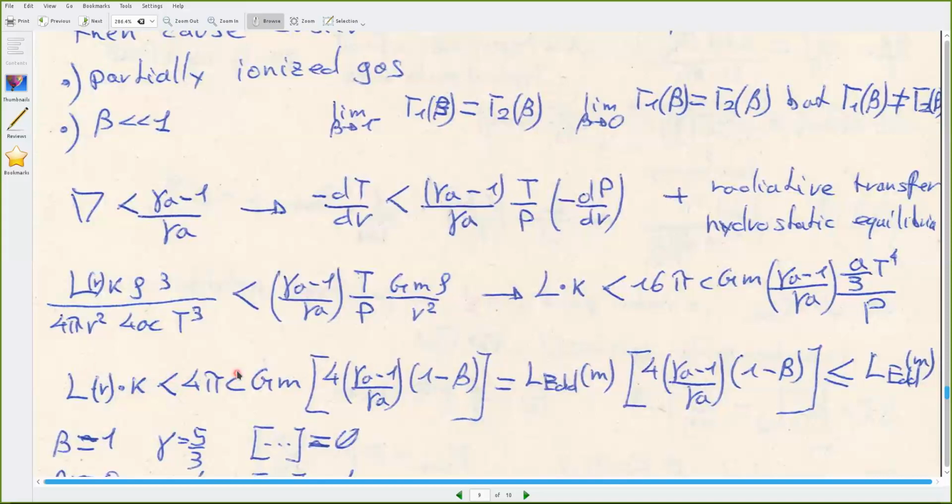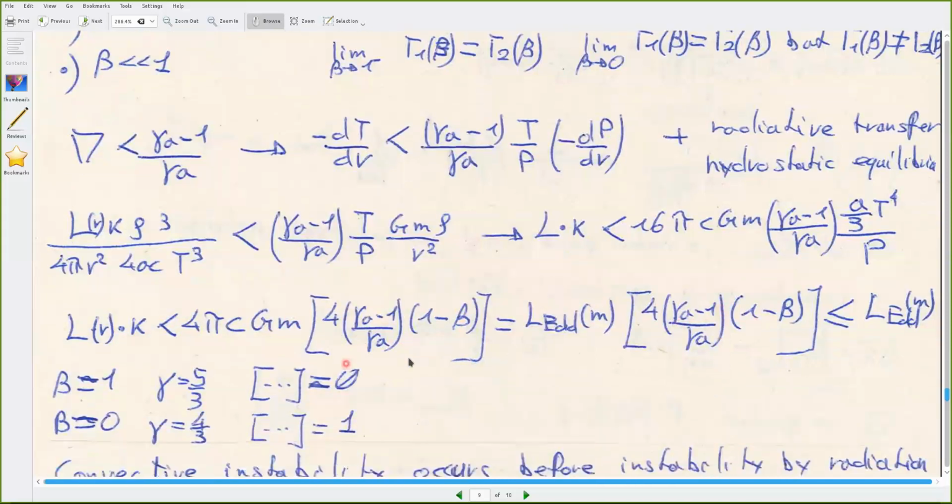Luminosity by opacity must be minus this constant, more or less. This is the mass, but okay, constant, and dimensionless. Since we can see that for beta more or less 1, this goes to 0. The gamma is 4/3, and everything goes to 0.